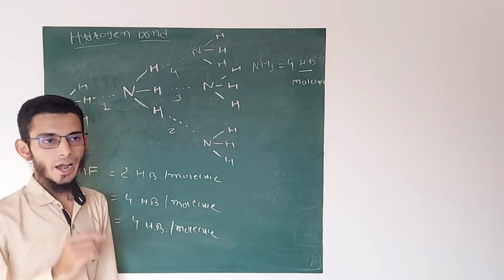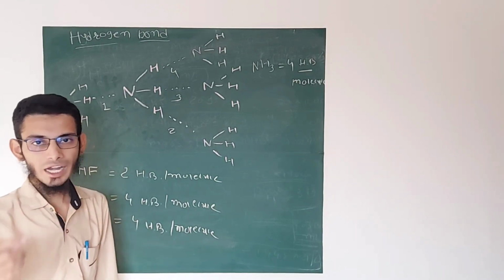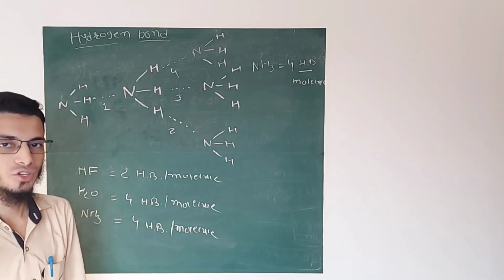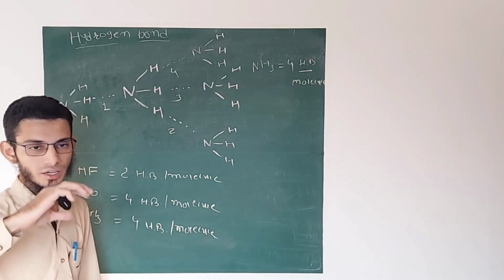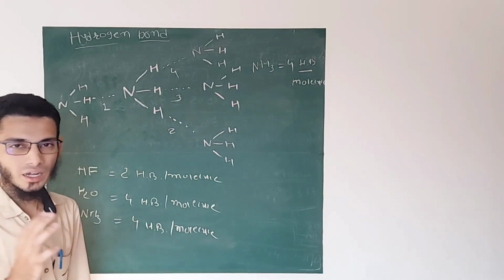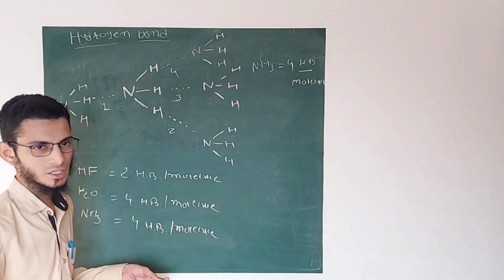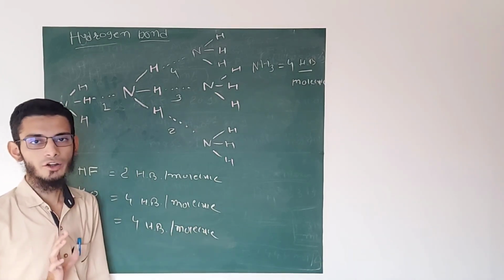The definition is the hydrogen atom of the molecule combined with the electronegative atom in the same molecule is known as intramolecular hydrogen bond. So both are different things. If it occurs in the same molecule, it is intramolecular, and if it occurs in a different substance, or the same substance but different molecules, it is known as intermolecular hydrogen bond.